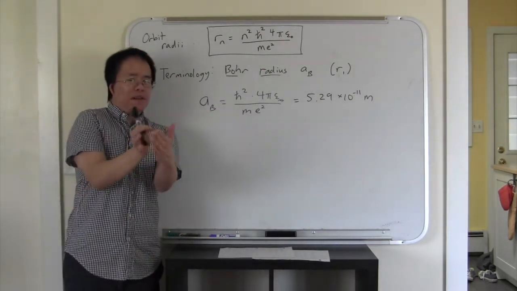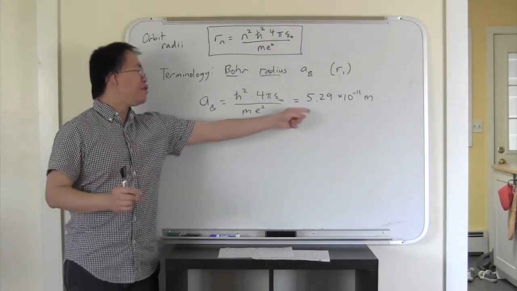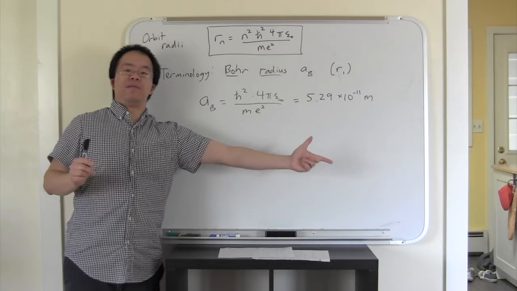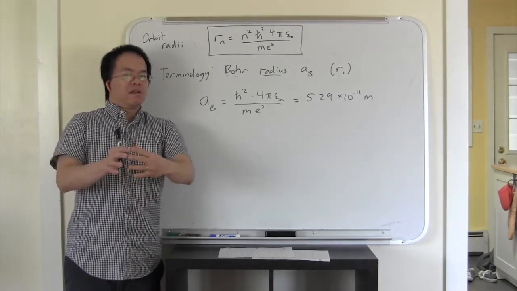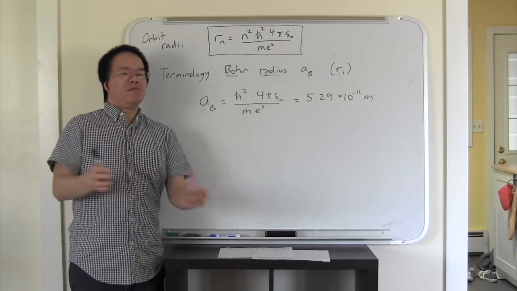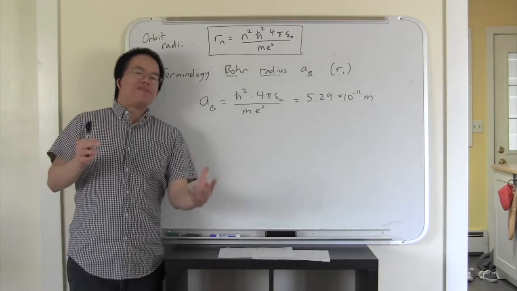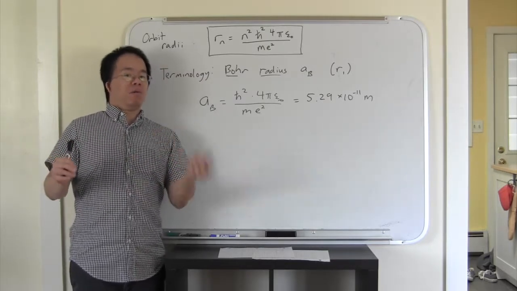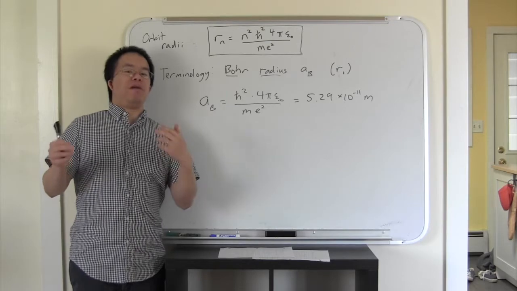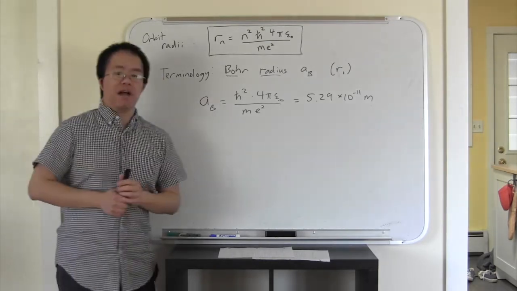If you want to think about the size of an atom as roughly double the radius, 5 times 10 to the minus 11 times 2 is about 10 to the minus 10. So as a rule of thumb, you can say the size of a hydrogen atom, order of magnitude, is about 10 to the minus 10 meters, or you might have seen the unit before, 1 angstrom. We'll say more about that next time.